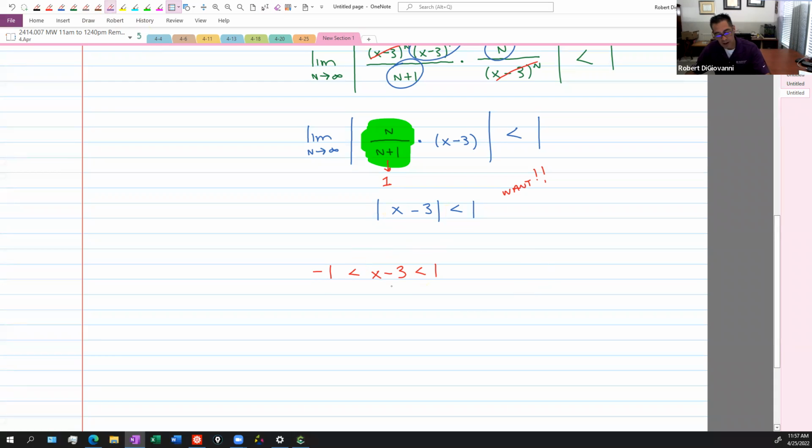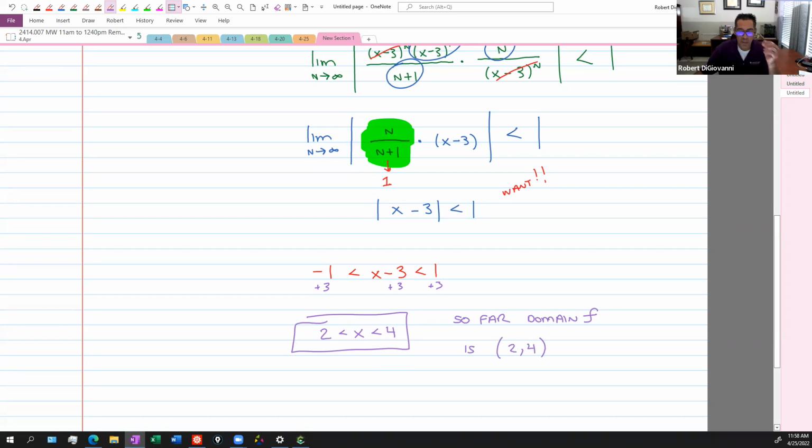Now I'm just going to add 3 everywhere. And so what I get is 2 less than x less than 4. So far, the domain of f is everything between 2 and 4.